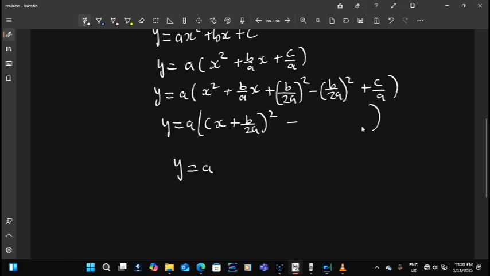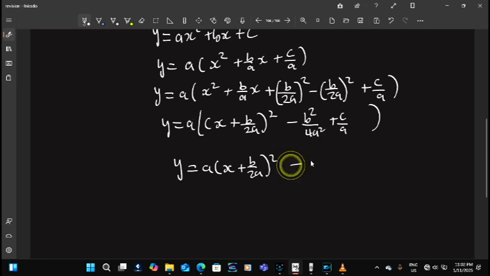If I simplify this, I would have minus b squared over 4a squared, and then here I would have plus c over a. If I multiply out the bigger bracket by a, I will have a into (x plus b over 2a) all squared, and then if I multiply everything by a here, I will see that this a will cancel one a here, and this a will cancel the other a.